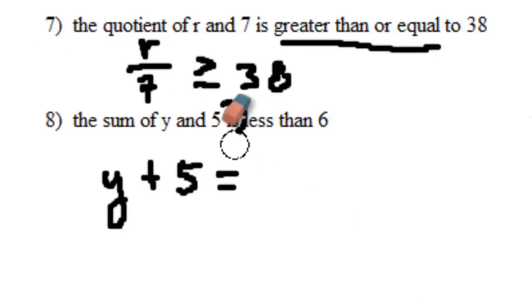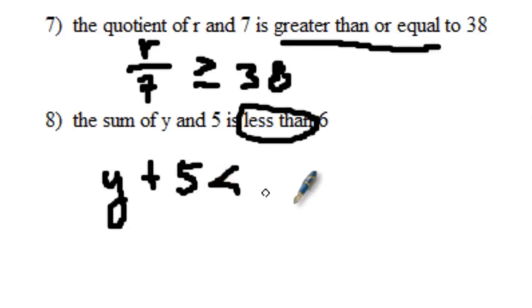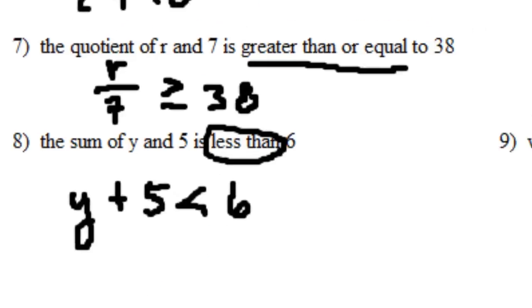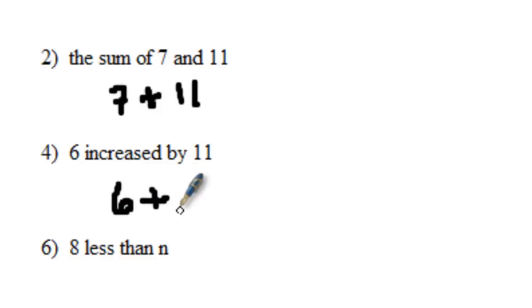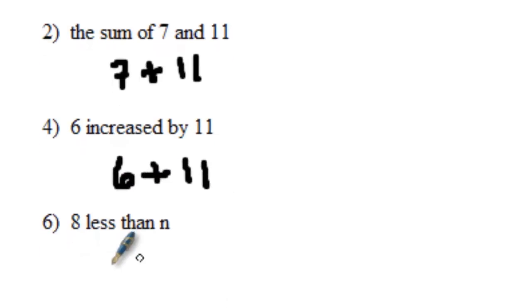Is less than, that's an inequality word, so that's going to be "is less than 6." So that would be the English translation. Okay, up here, I kind of went down when they go across, right? Sum, again, 7 and 11, English, math. 6 increased, that's an addition word, by 11.